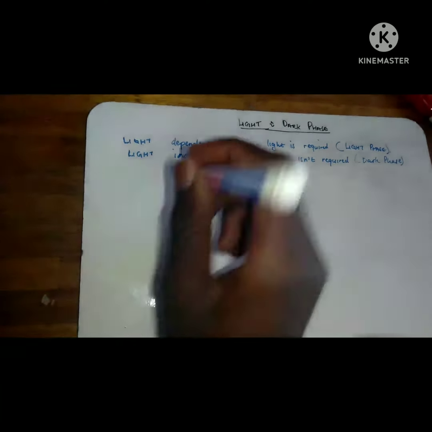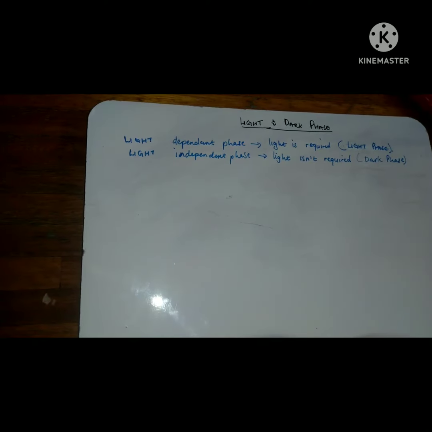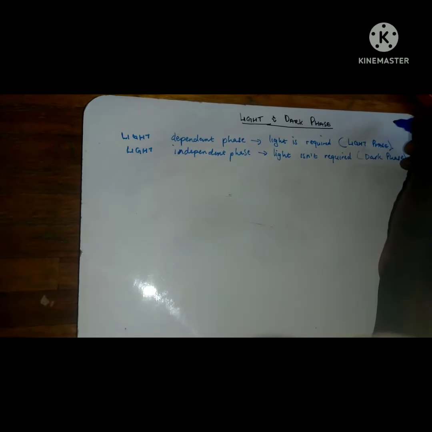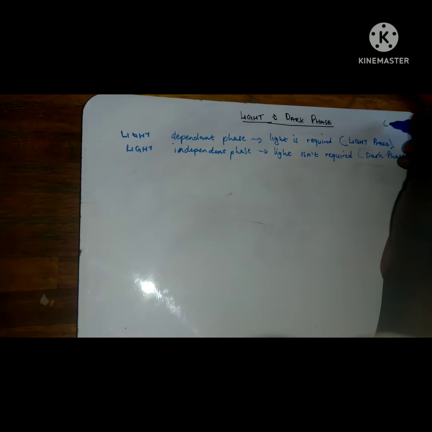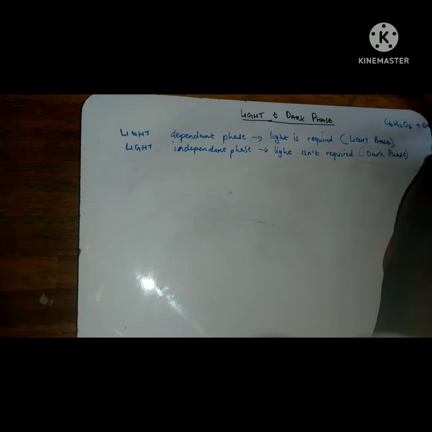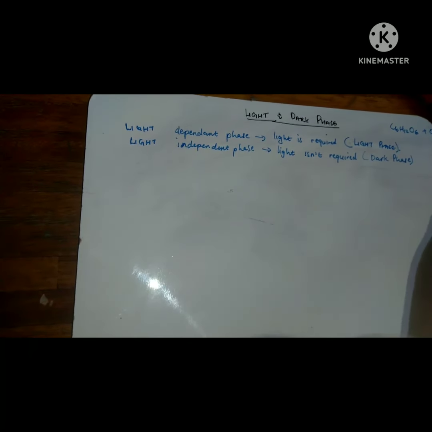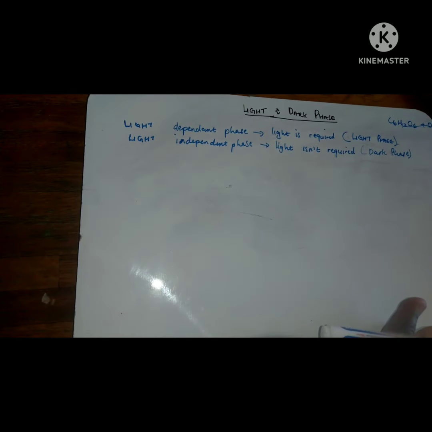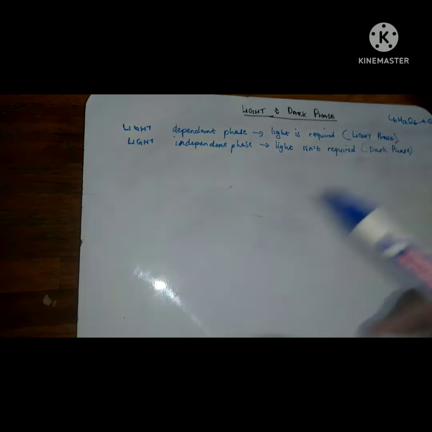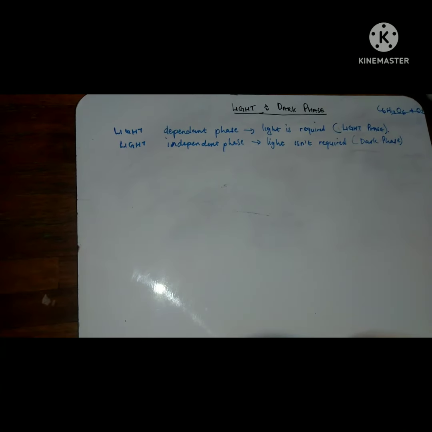In the independent phase, light is not required at all. But remember that for photosynthesis to happen, we aim to have the products, which are glucose and oxygen. So no matter what we do, as long as we get these products, then we have already photosynthesized. But in this case, we can just say we have synthesized here because there is no light. The photo will account for the light that is required.